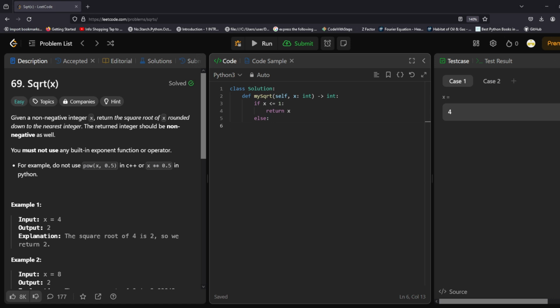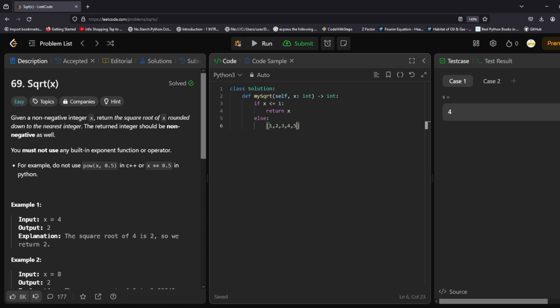With this case, we are going to solve anything with x greater than 2 with what's called the binary search algorithm. So basically what we are trying to do is create a range of numbers, let's say 1, 2, 3, 4, 5.